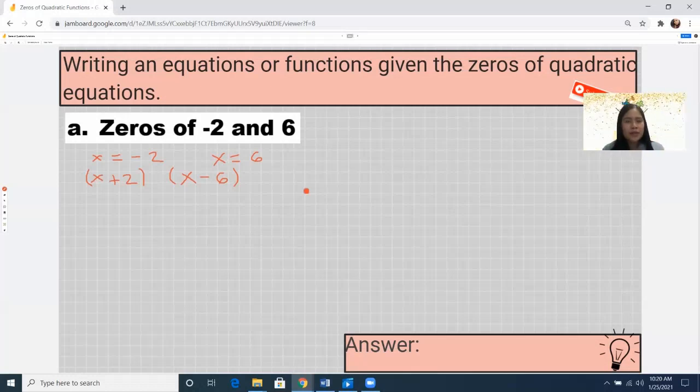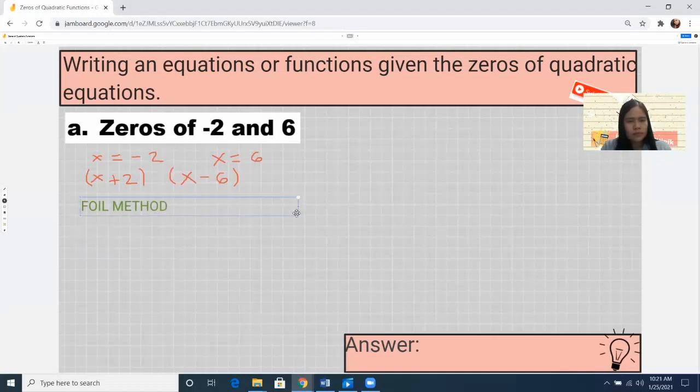Whatever method you may use here, you may use the FOIL method. What does FOIL mean? You've learned this in your previous math, we're just recalling it. FOIL is an acronym.